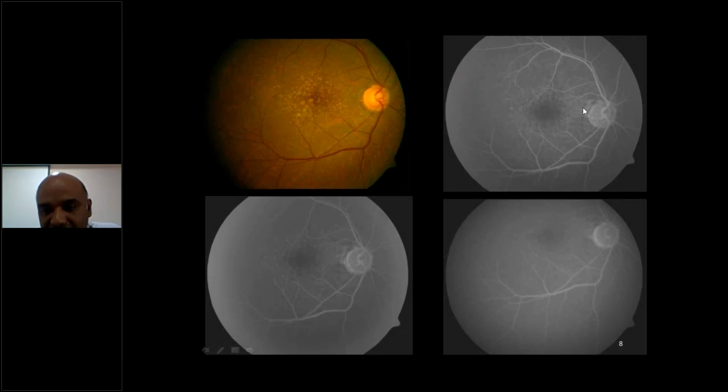You see a black and white picture. The area which is dark is called hypofluorescent, H-Y-P-O, and the area which is bright, the white color, is called hyperfluorescent.